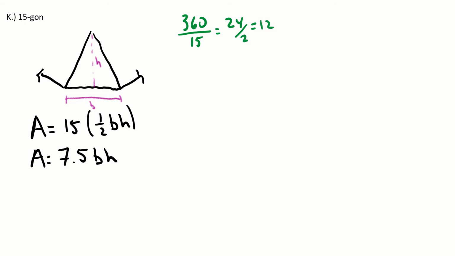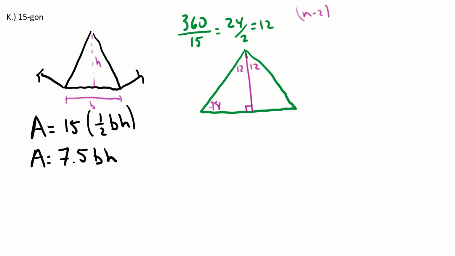The reason I'm doing that is when you look at this triangle here, I want to use a different color, this is going to be the height, right? And I know that this is going to be 12 and this is going to be 12. Then I can work backwards, because if this is 12 and 90, I can take 90 minus 12 and I get 78. Now, you could also use n minus 2 times 180, then divide by n, and that gives you the interior angles.